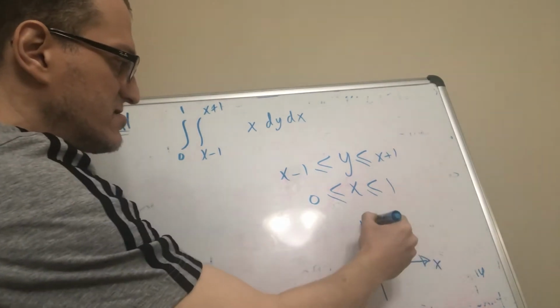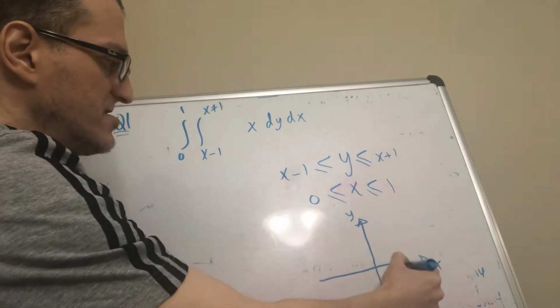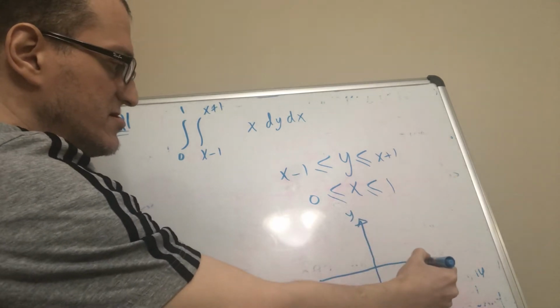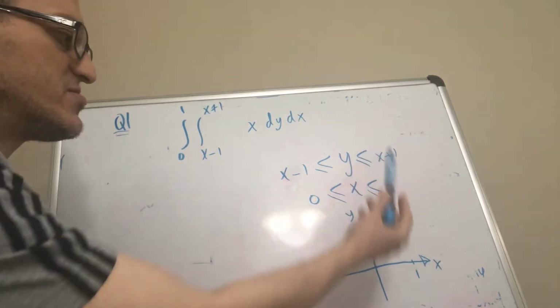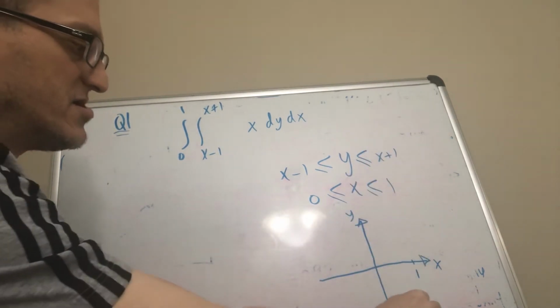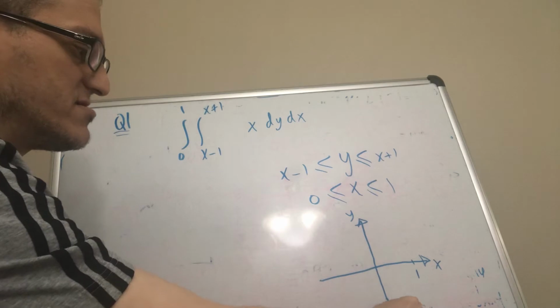So if you want to sketch this, this is x, this is y, this is 0, let's say this is 1. Both of these will be straight lines.